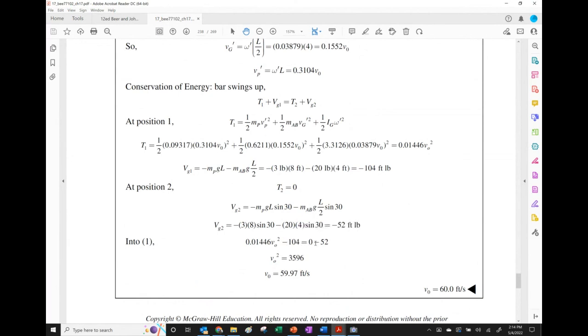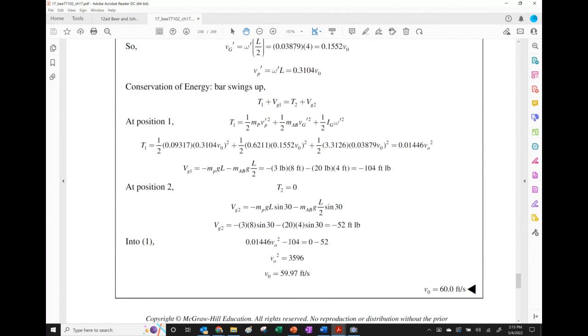I don't understand that. Well, this negative 104. 3 pounds, 8 feet. Yeah, that doesn't make, oh, this is ridiculous. I don't know who makes some of these solution manuals, but what you end up with is 104, right?